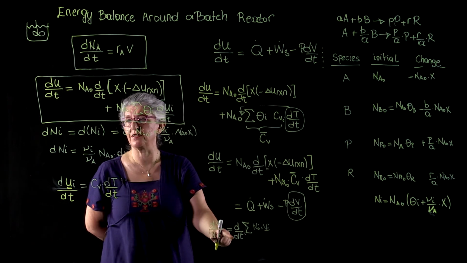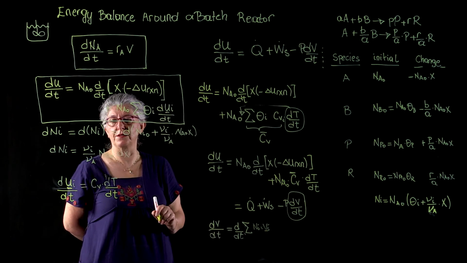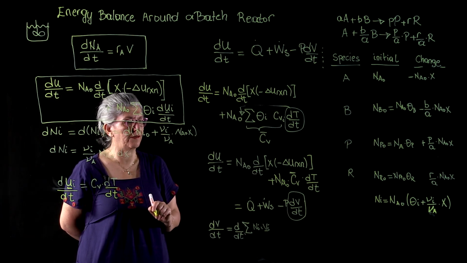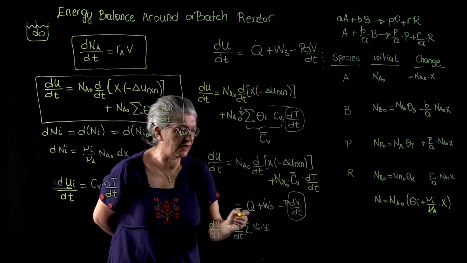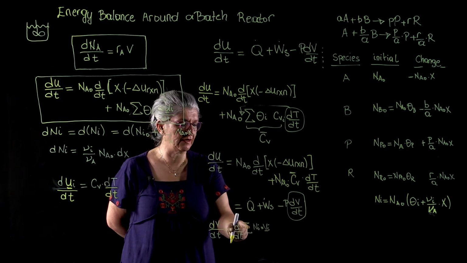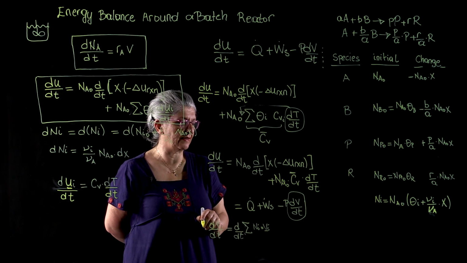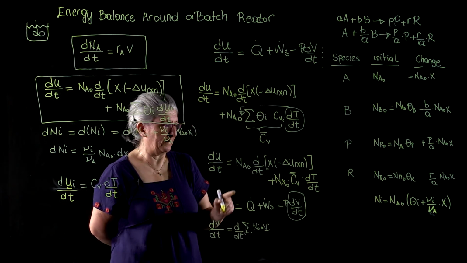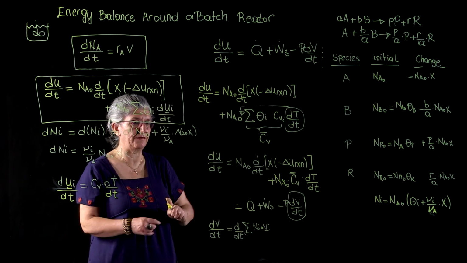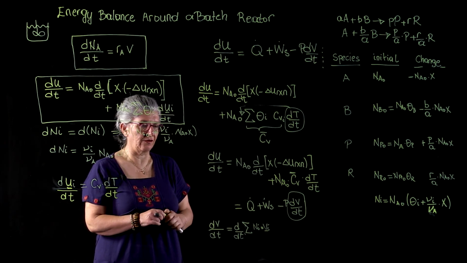Just like we have started from du over dt as the summation of Ni times Ui, this starts as dV over dt summation Ni dot Vi. Please follow and finish this derivation for the V term.